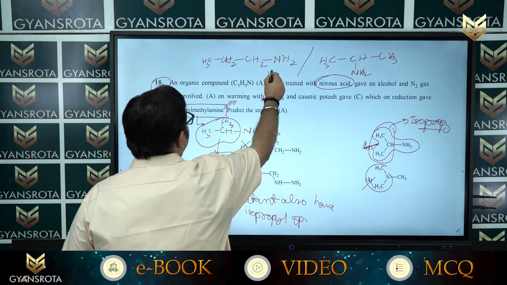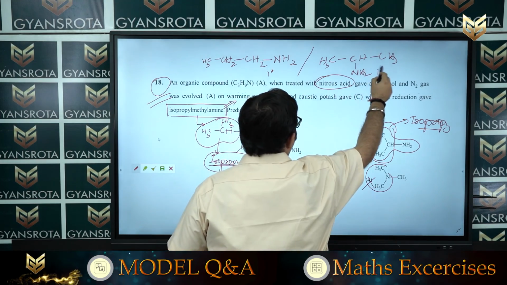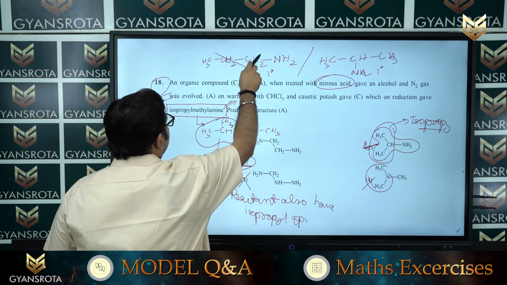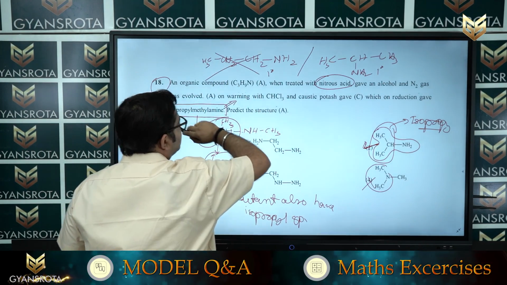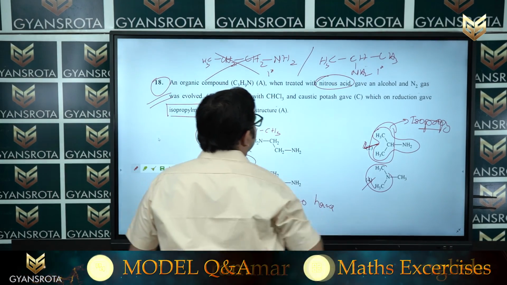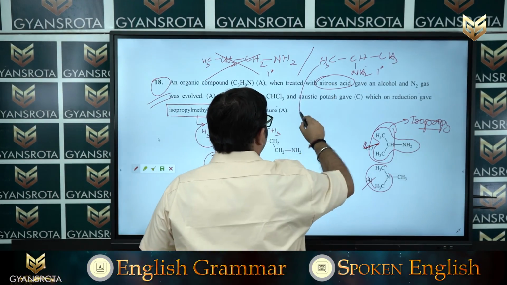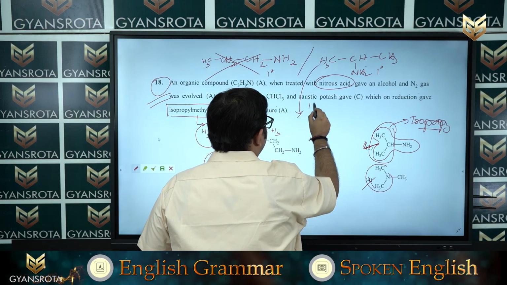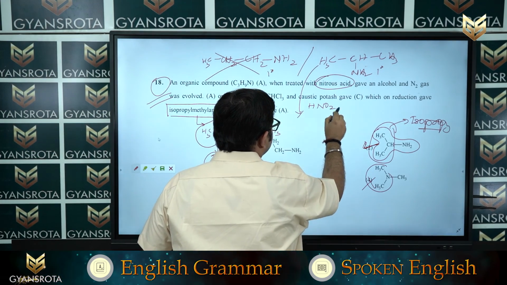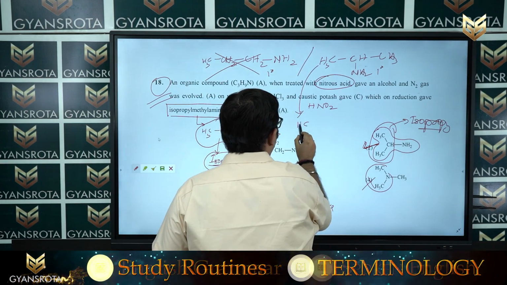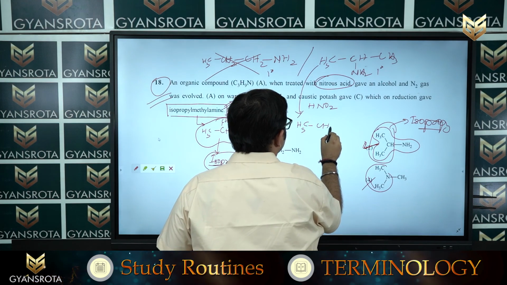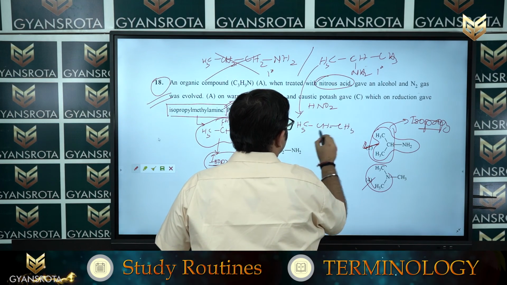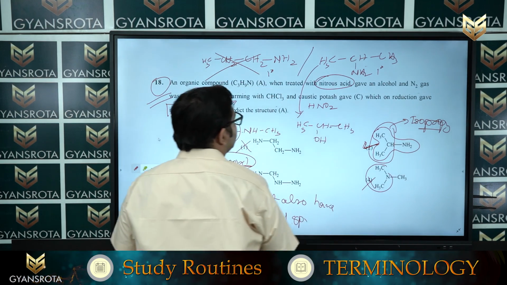This is also a primary amine and this is also a primary amine, but this does not have an isopropyl group, so it is not possible. So we have to take this one. Now, when this one reacts with HNO2, that is nitrous acid, it will give you an alcohol, and your alcohol is this one.